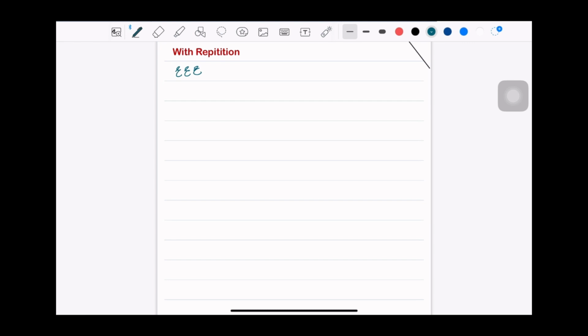If we had written it as E1, E2, E3, now they are different, but if you see them, they're all the same. So how many possible ways can you arrange them? This is just the one possible way, because whether you take this E over here or this E over there, it is the same as what we see right now.